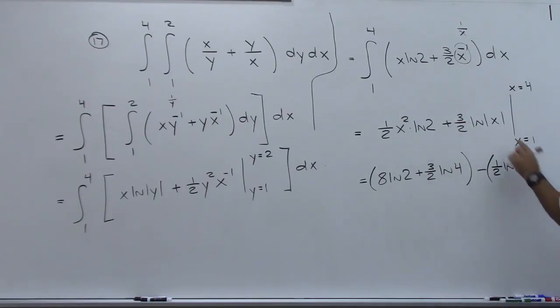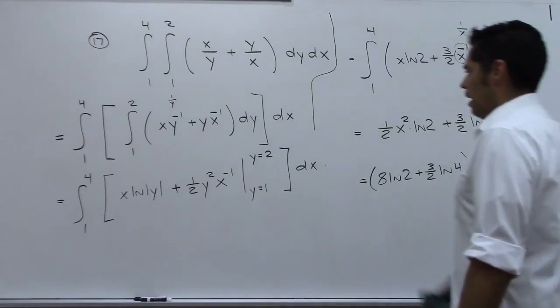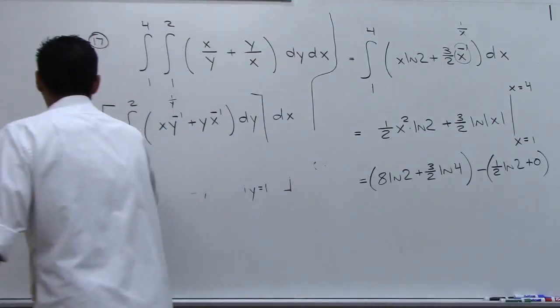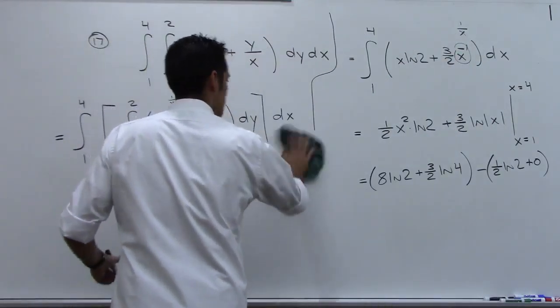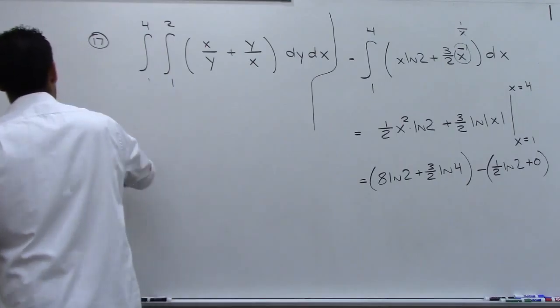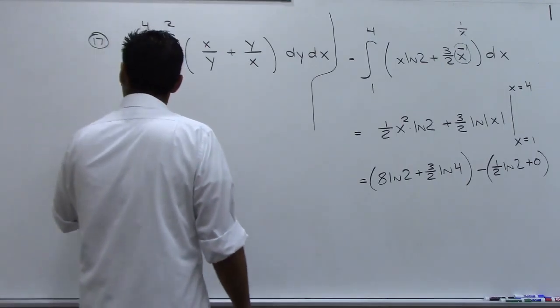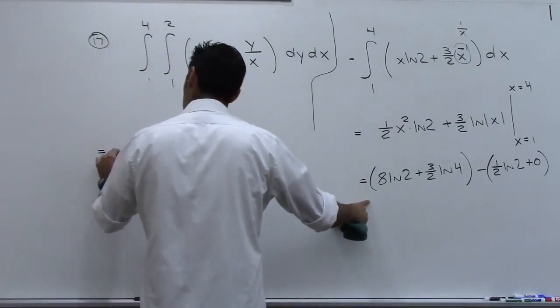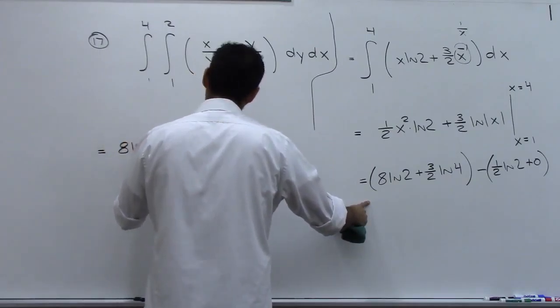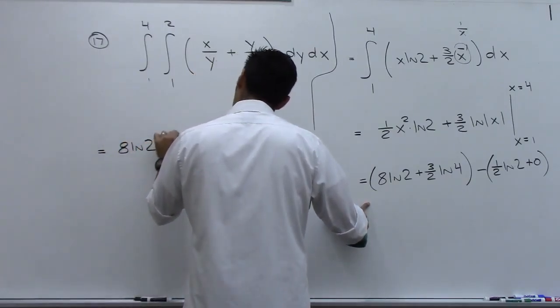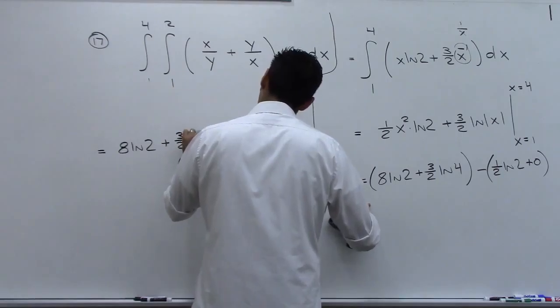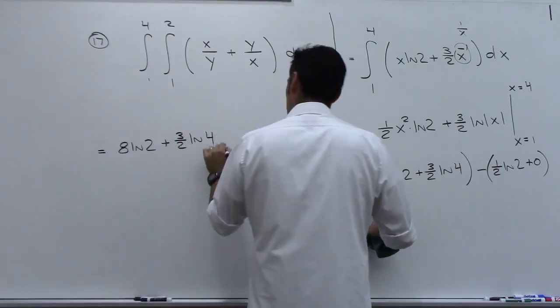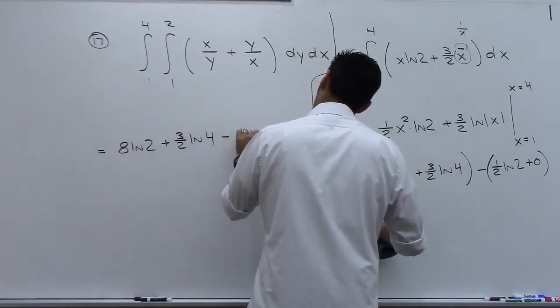Plus, and then plug in 1 right here, natural log of 1 is 0, so that's gone. All right, this is looking kind of weird, but I'm going to leave my answer in exact form. So I've got 8 natural log 2 plus 3/2 natural log 4 minus 1/2 natural log 2.